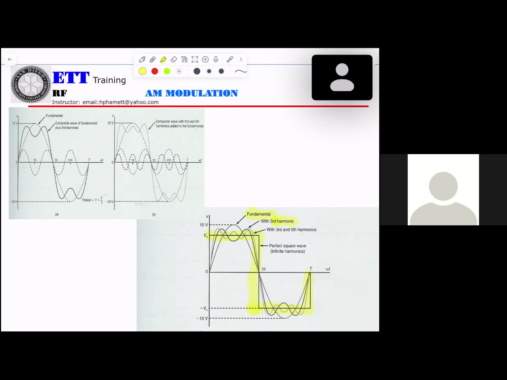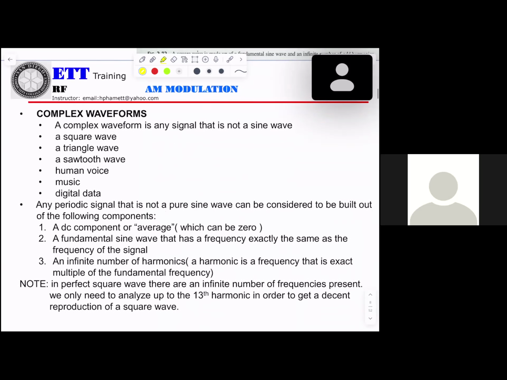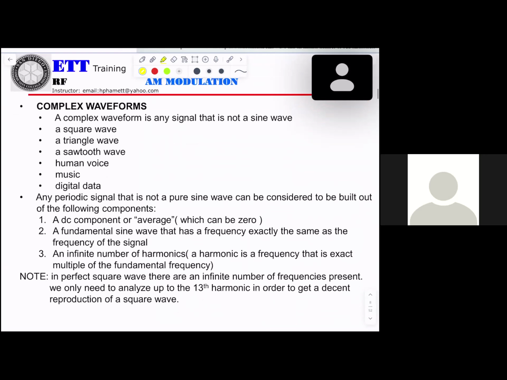And the fifth harmonic and so on. They use only odd harmonics. Okay, now a complex waveform. A complex waveform is any signal that's not a sine wave.